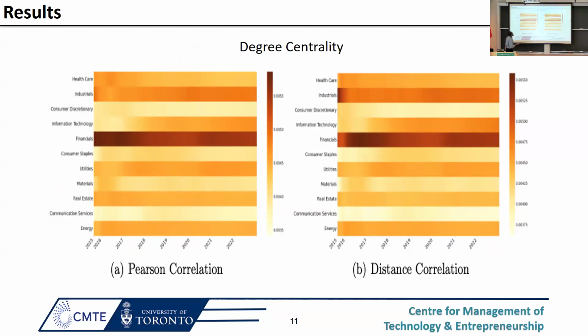We see a recurring theme: the financial sector has the most influence in this market graph. We also see, from 2015 till now, an increase in the influence of the IT sector, which represents what's happening in the stock market. So this gives validation to the work we're doing, as it captures what is exactly happening in the stock market with our graph.